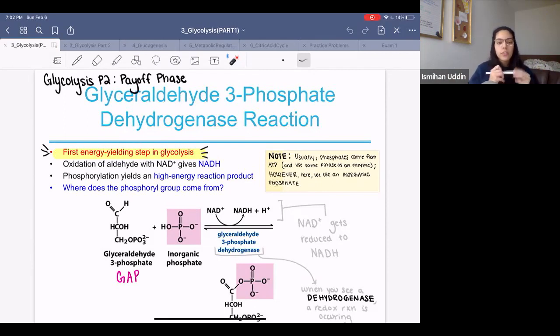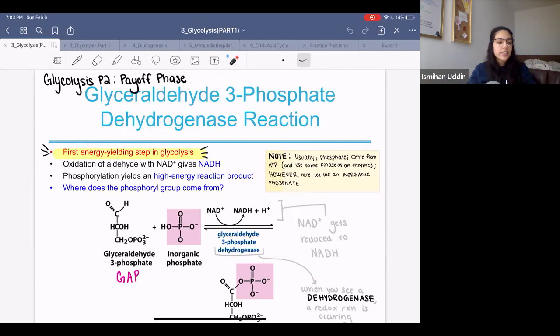Then we have, like I said, this payoff phase. So the glyceraldehyde 3-phosphate dehydrogenase reaction. Dehydrogenase means redox. What is redox? Oxidation is a loss of electrons and a gain in positivity. Reduction is a gain in electrons and more negative, so less positivity.